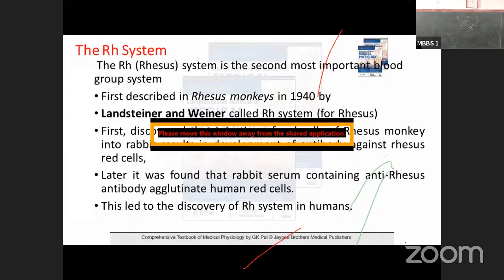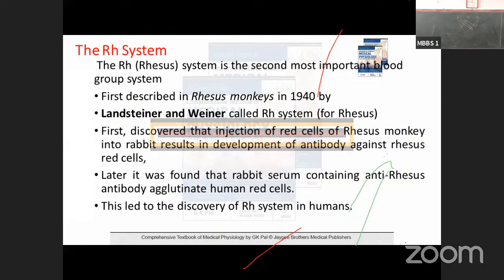What did they do? First, they drew blood, the RBCs, from the rhesus monkey and injected these RBCs into a rabbit. What forms in the rabbit? Antibodies against the rhesus monkey RBCs developed in the rabbit.